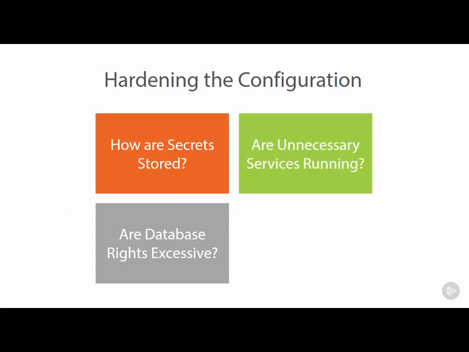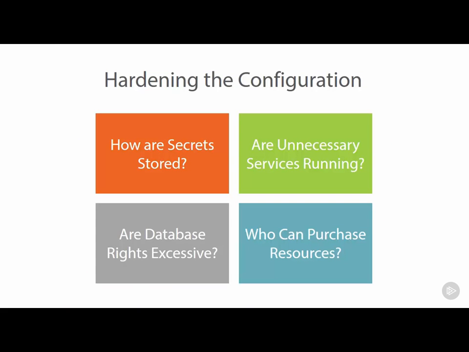One final thing to think about is who can actually purchase resources. Now this is really important, and it also relates to the role-based access controls I spoke about earlier. At multiple times already through this course, I've touched on how easy it is to provision cloud resources and how expensive they can get really quickly.